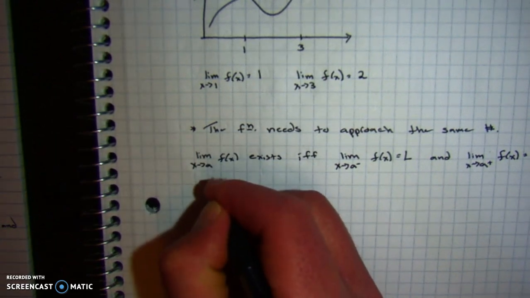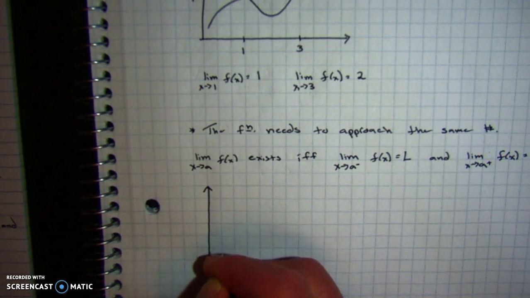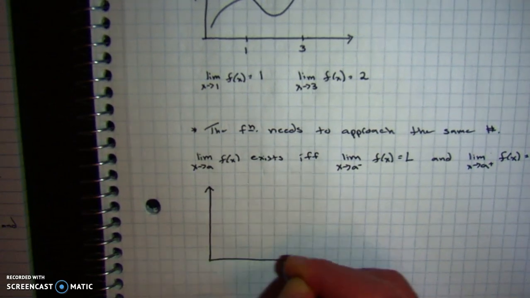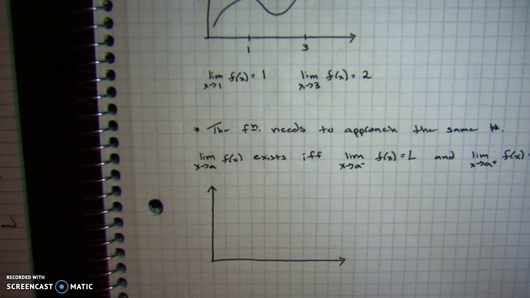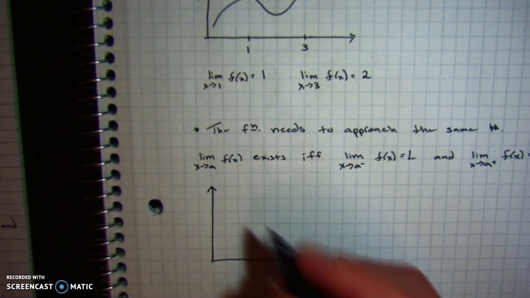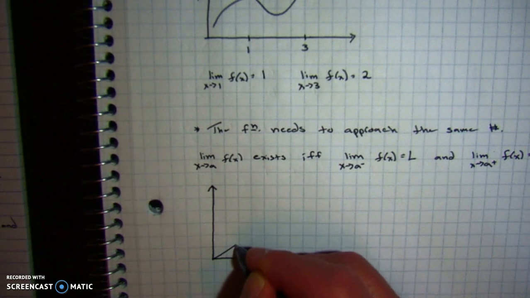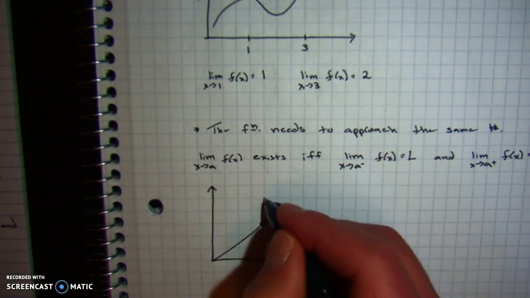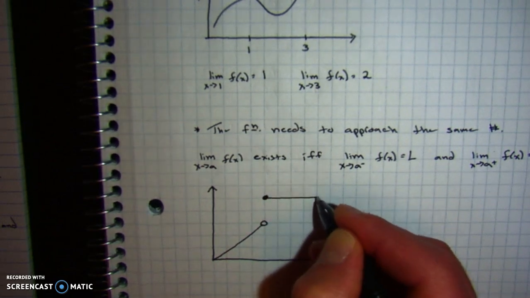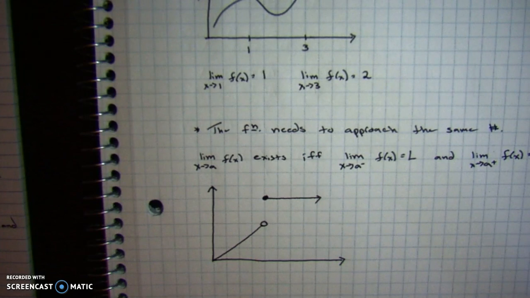So let's draw ourselves another graph here. Hopefully, yeah, that's showing up on the screen. Okay, so let's say we have some function that kind of comes up like this, and hits the spot, then jumps up here, and goes out like that.